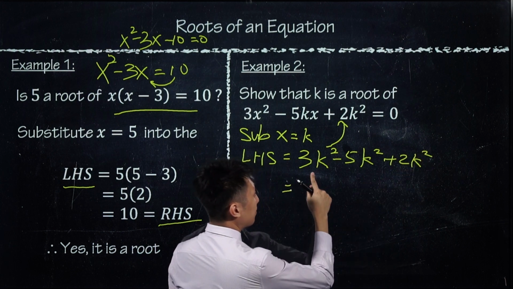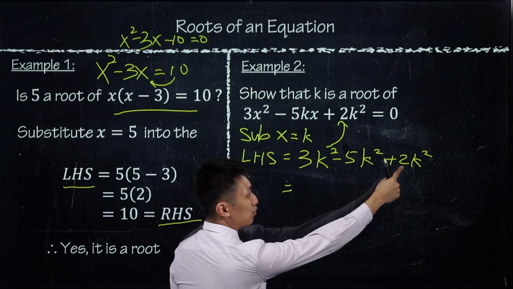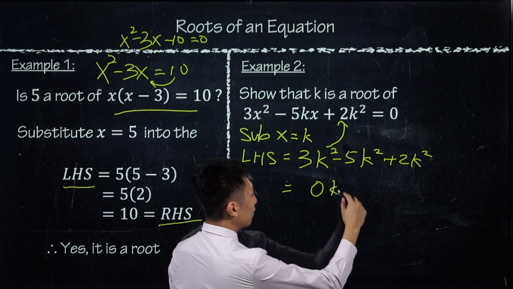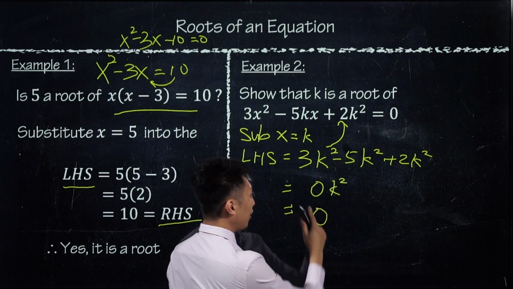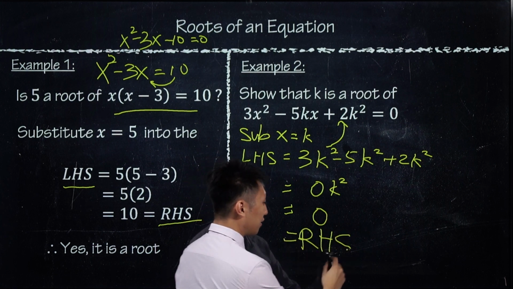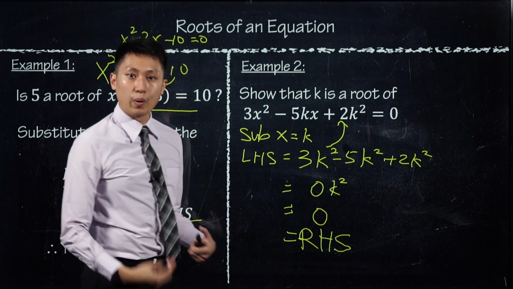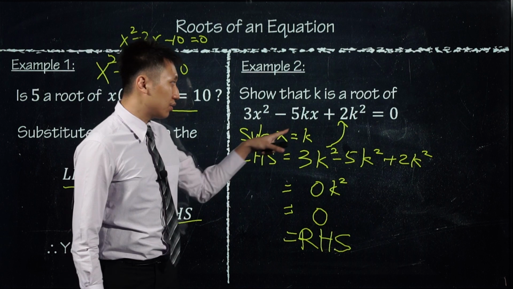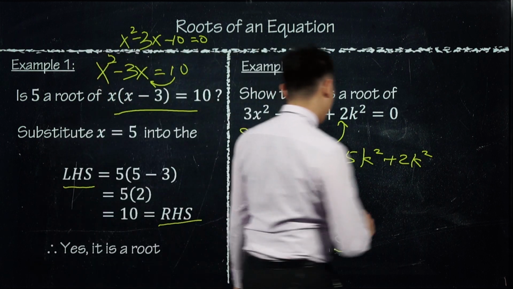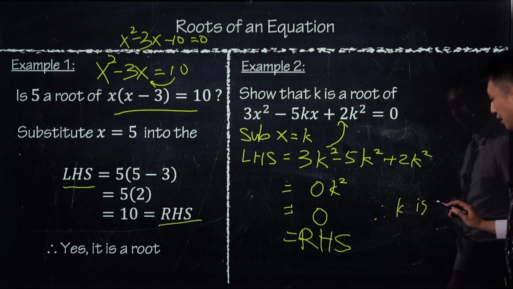So 3 minus 5 is minus 2, then plus 2, I get 0k squared, which is equal to 0. And it's equal to the right hand side. So I've just shown that the left hand side is equal to the right hand side when I substitute x equals k into the equation. So k is a root.